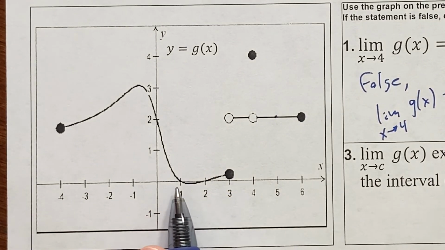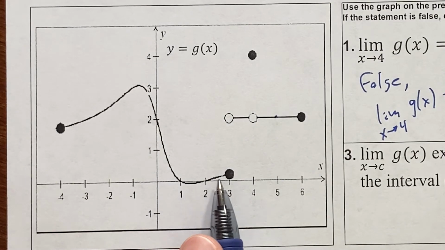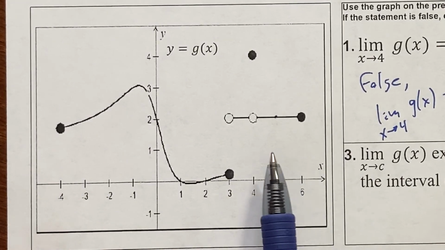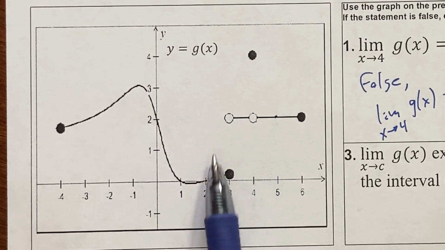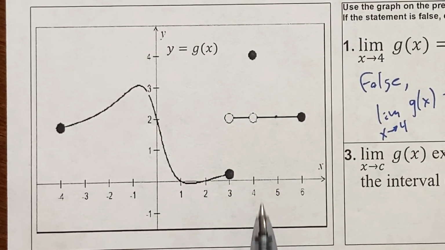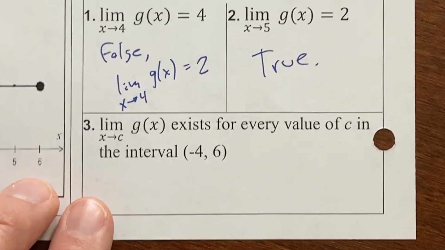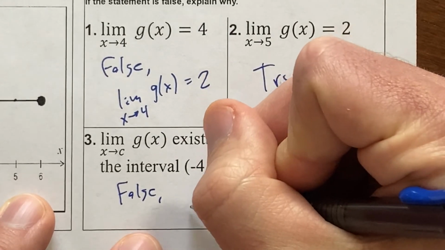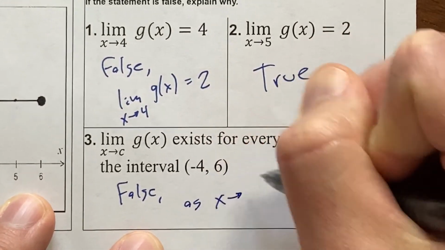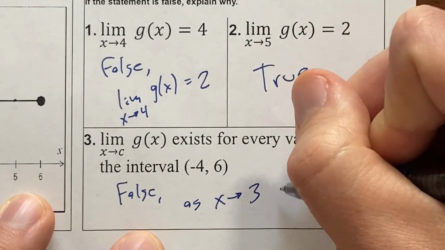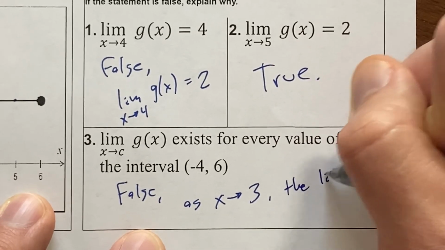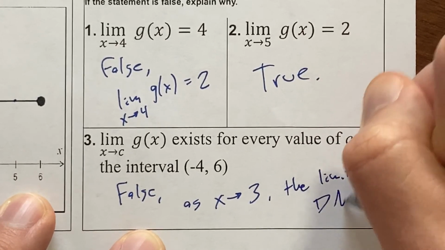If you're coming from the left as x approaches 3, you're getting whatever that decimal is, maybe a quarter, 0.2, something like that. If you're coming from the right, it's 2. So, no, this is false. As x approaches 3, the limit does not exist.